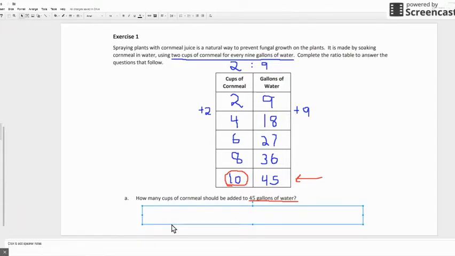So let's go ahead and type in our answer. Remember, we want to answer the question fully. So to say that we need 10 cups of cornmeal should do 45 gallons.